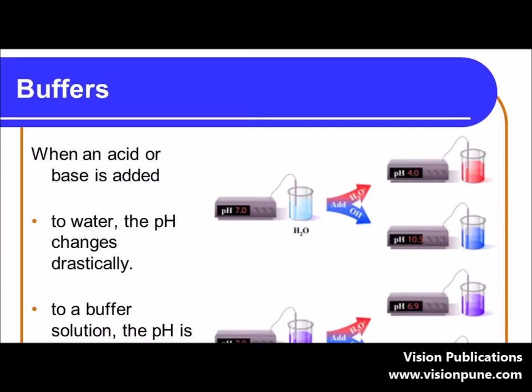So, we have got this example over here: when water of pH 7 is added to an acid of pH 4, the overall pH of the new solution is 10.5, which is a very high pH.